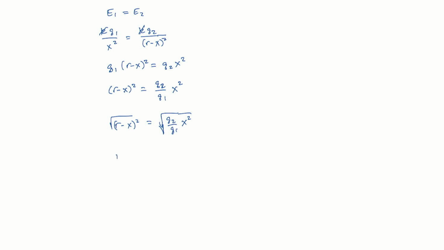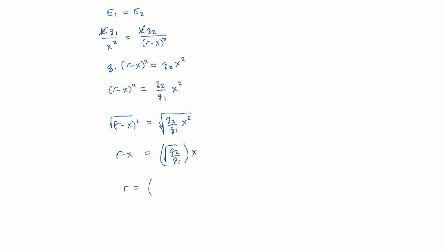Okay, this means R minus X, and we will choose the positive square root on both sides, equals the square root of Q2 over Q1 times X. All right, we need to gather the X's on one side. So let's add X to both sides.